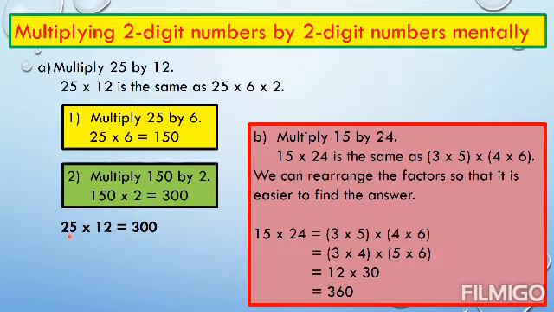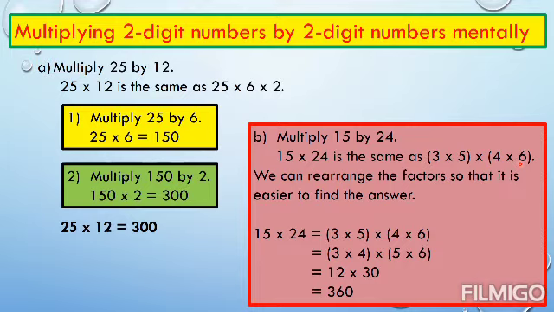For the second technique, we're going to find the product of 15 and 24. Take note, class, that 15 times 24 is the same as (3 times 5) times (4 times 6), and we can rearrange the factors so that it is easier to find the answer.